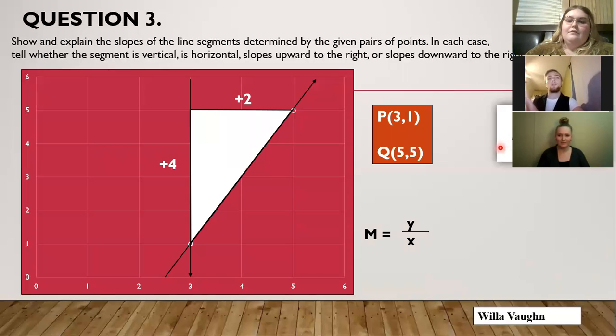And what the y2, the x2, the y1, the x1 are, are the numbers within the ordered pairs that create this line in particular. So in point P, we have (3, 1). So that is x1 and y1. And then point Q, (5, 5), is x2, y2.